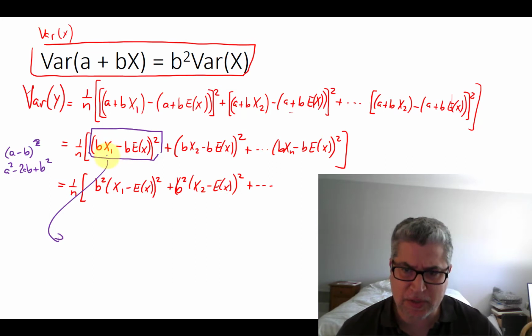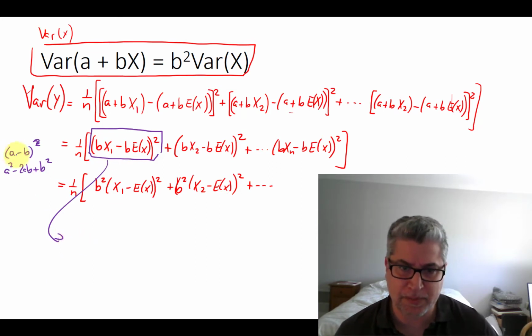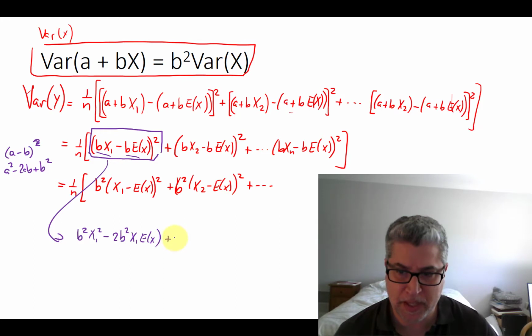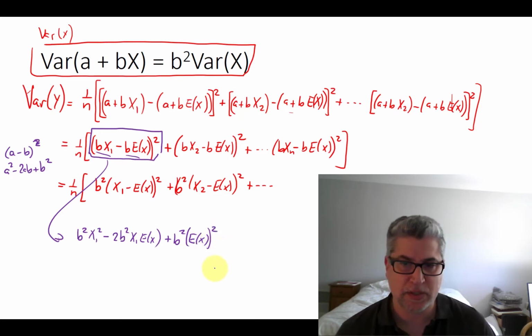So let's just multiply this entire thing out. Let's apply this formula to this as a and this as b. Then we would get b squared x1 squared minus 2 b squared x1 expectation of x plus b squared the expectation of x squared. So we just foiled this guy right here.